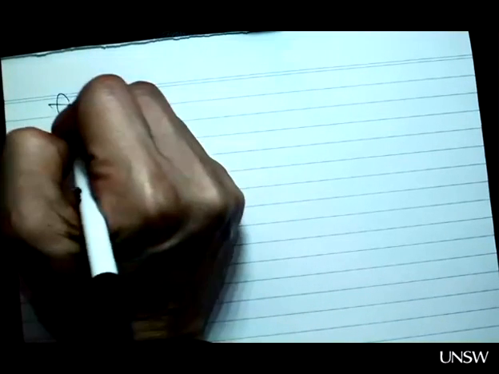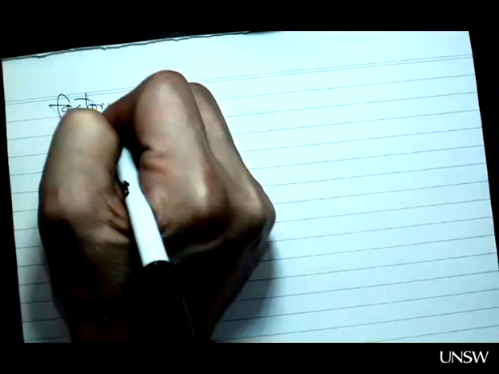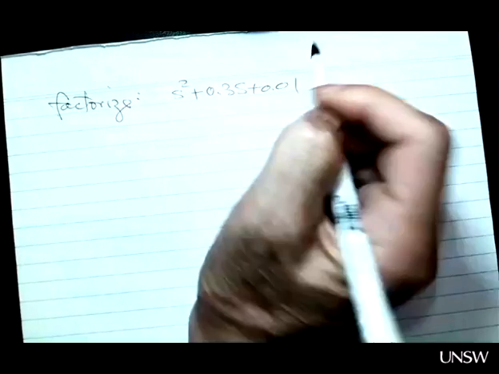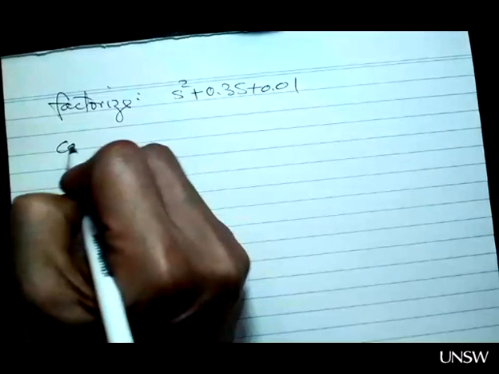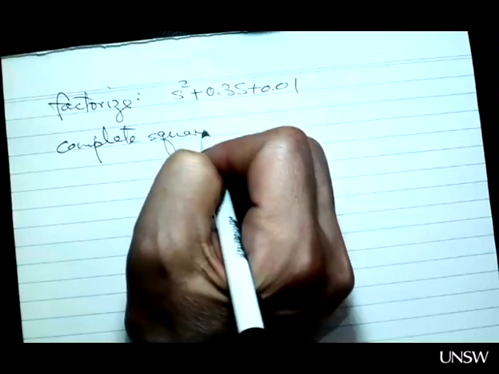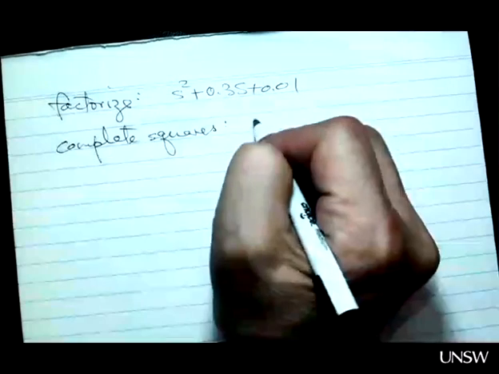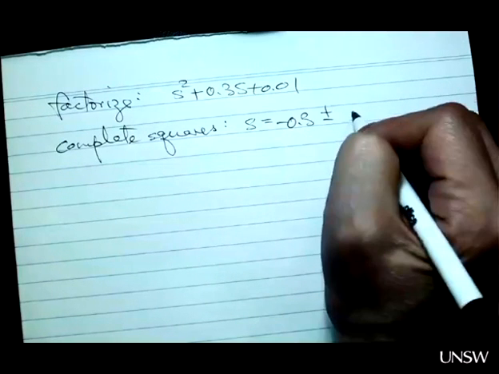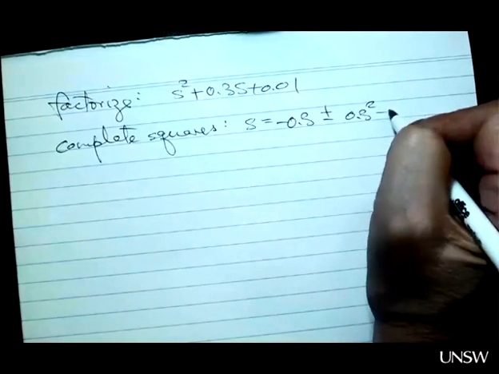And then from here, things are getting a bit complicated. Okay, we factorize the denominator. So we complete the squares. So s equals, and then divided by 2.